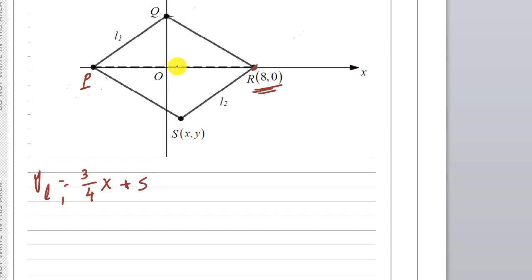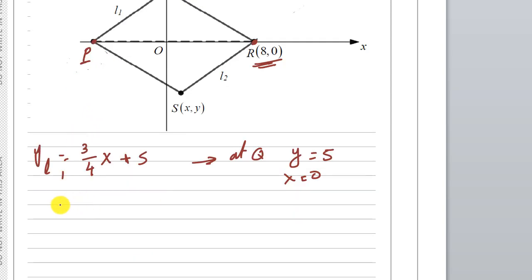So at Q, y is equal to 5, x is equal to 0. So the coordinate of this point is (0, 5). Point B: the y coordinate is equal to 0.